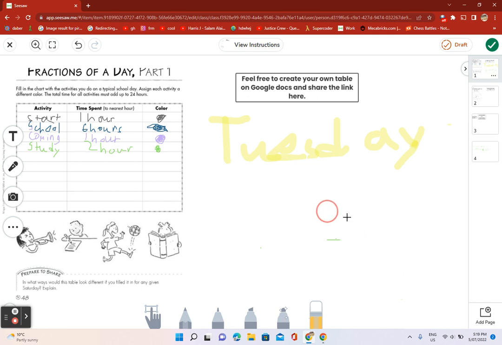But we have 6 p.m., right? I'm going to say that it takes me, let's say, around an hour and 15 minutes. Actually, no, around an hour, because remember, rounding it.